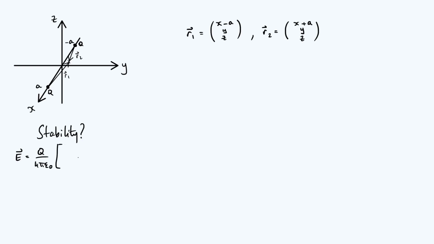Our first term, let's first think about the force from this charge to our test particle. That's going to act in the r1 direction. The inverse square distance between those 2 particles we can write like this. So you've got x minus a squared plus y squared plus z squared.